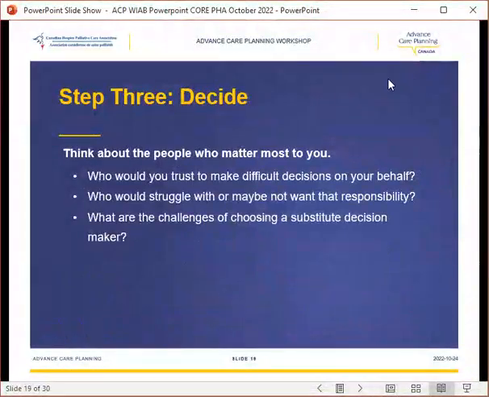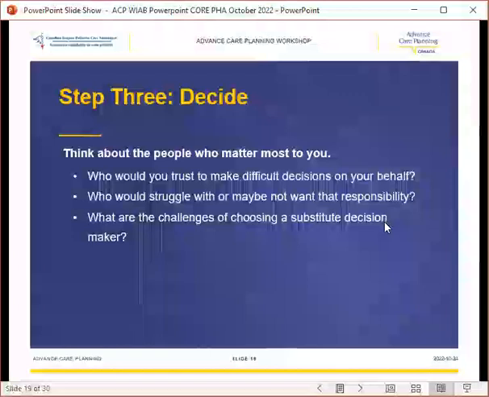Again, the 3 here is deciding on what matters most to you, but also around the substitute decision maker that you may automatically have: are they actually the best person? Could they make decisions on your behalf? And if you are in a relationship, is your spouse maybe at risk for some health issues?